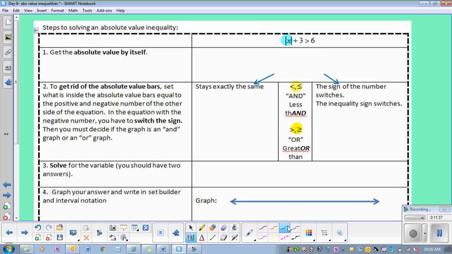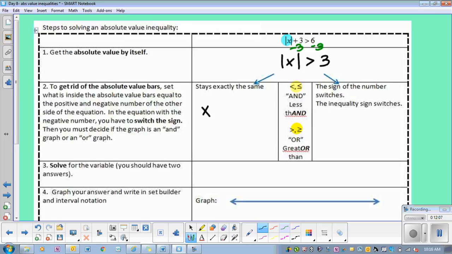So right now I need to subtract the 3. Okay. Then I have the absolute value of x is greater than 3. Alright, so now that I have the absolute value all by itself, we're going to drop the bars and write it twice. So the first one stays exactly the same.